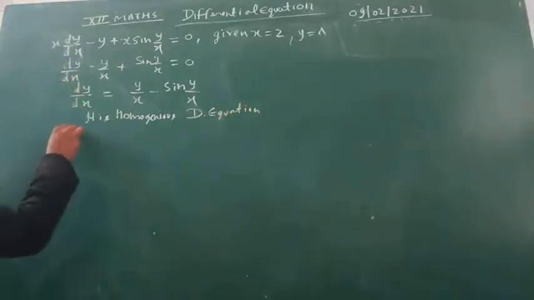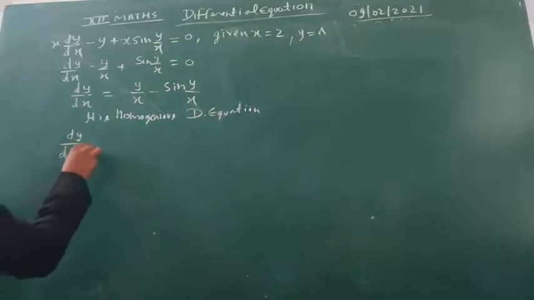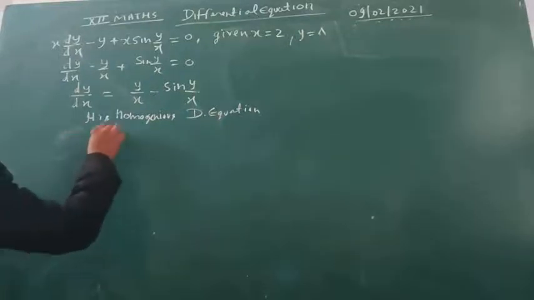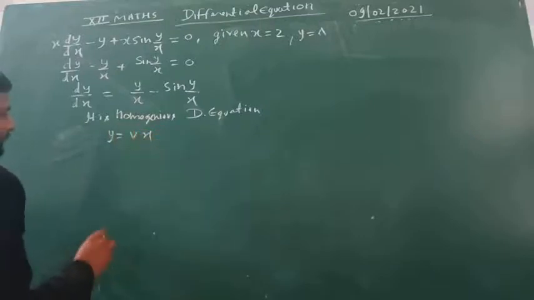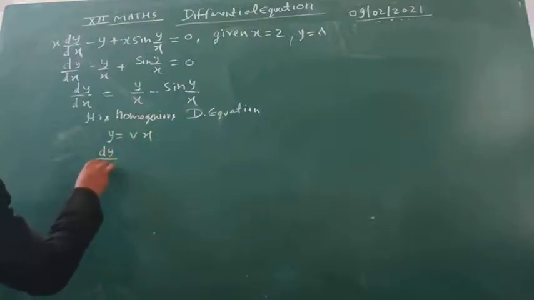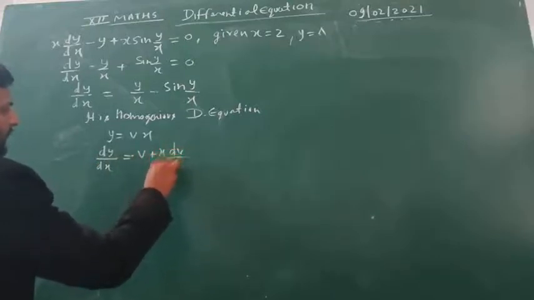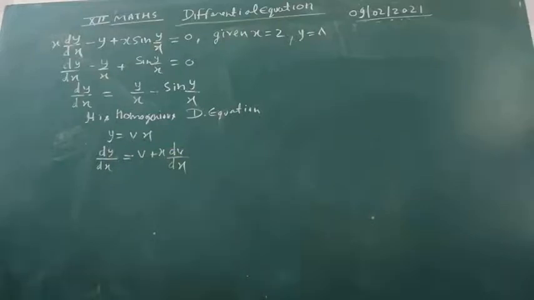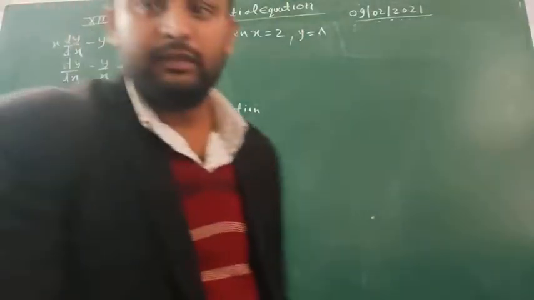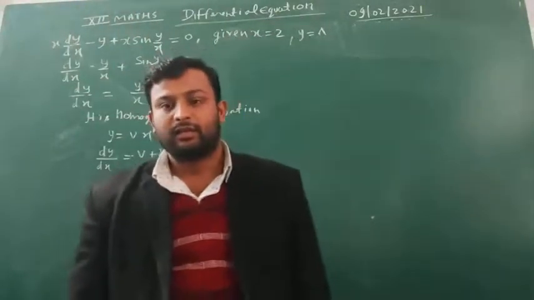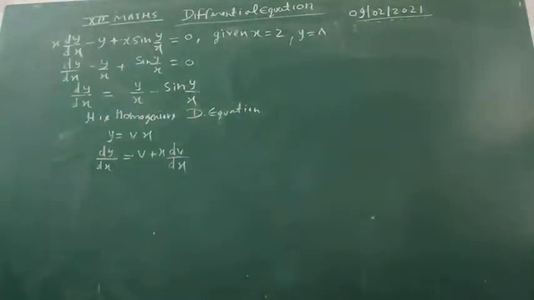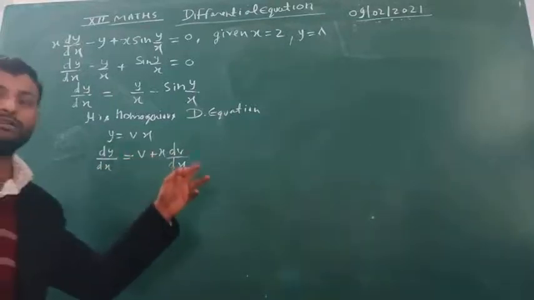So students, we will let y is equal to vx and we differentiate this. dy by dx is equal to v plus x dv by dx, students, because in the homogeneous method, we always take y is equal to vx and then we solve. Okay students, and we differentiate this and we write in place of dy by dx, v plus x dv by dx.